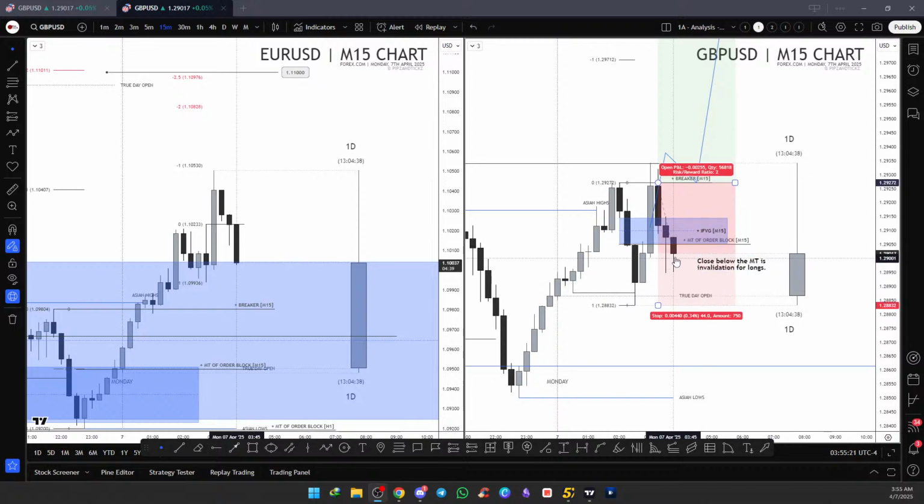Okay, we have another 5 minutes left for this candle's close. If it closes below the main threshold of the order block, I'll be exiting my longs here.